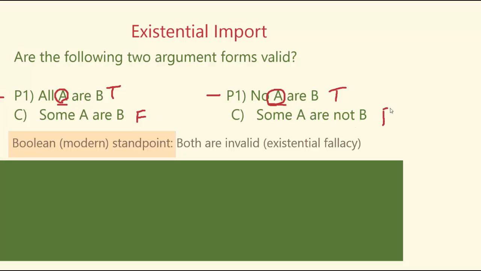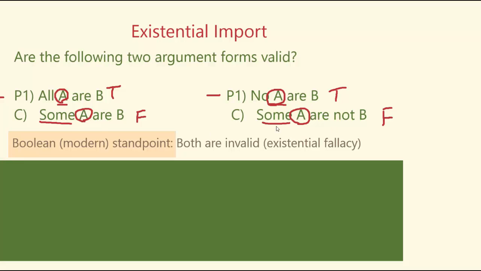And the conclusions will be false because our particular statements, the statements that begin with some, do commit us to the existence of A's, because they get interpreted as some A are B, there exists an A and it's also a B.